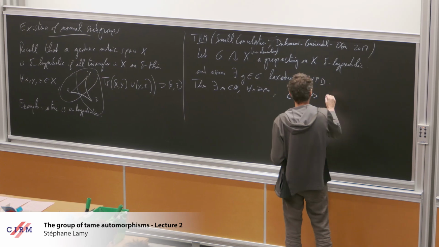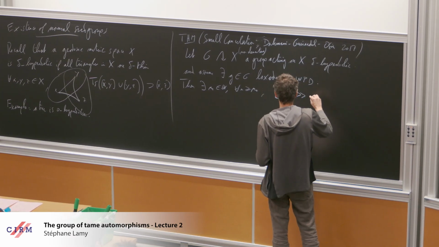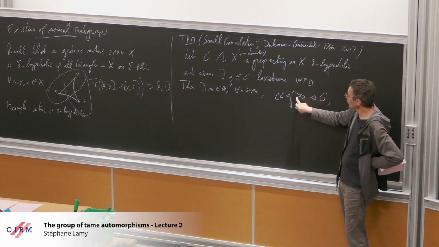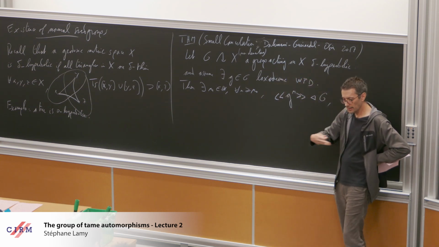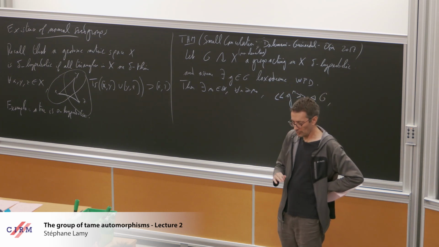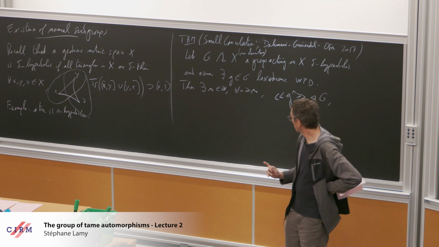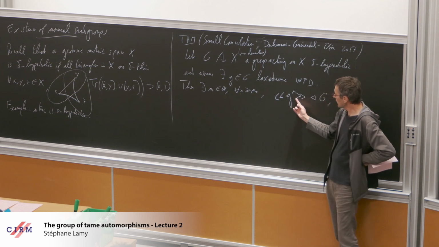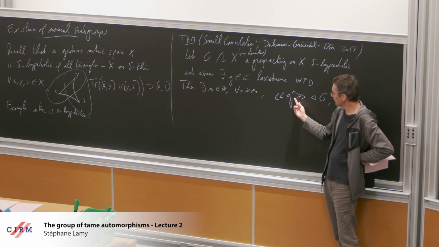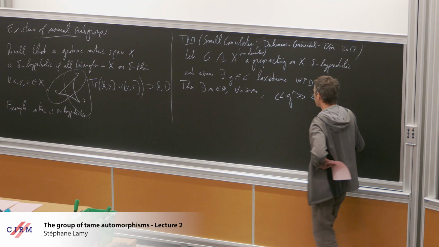The result is that this group, so for sure it's normal in G, contains only loxodromic elements. Loxodromic elements act by translation on an axis, maybe you have to say quasi-axis, but there is a translation length, and everybody is loxodromic except the identity.